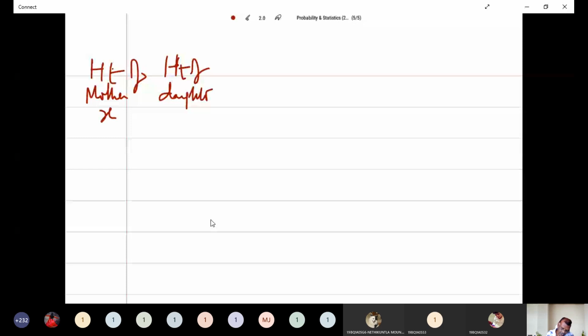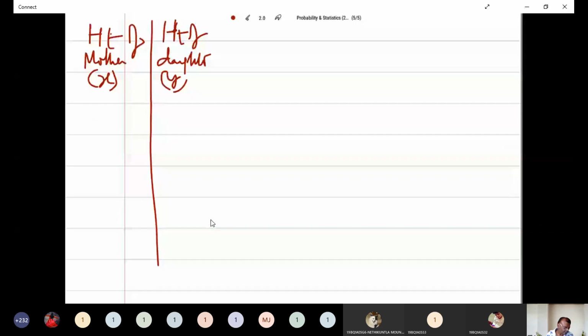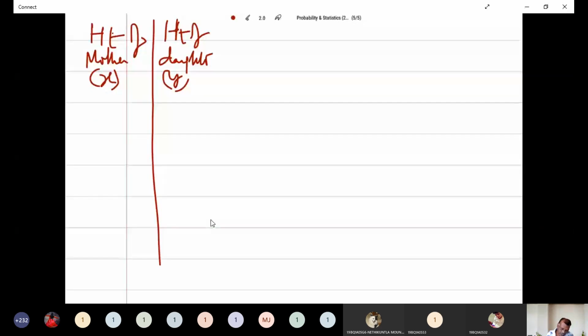We call this one small x, this one small y. Note down the data vertically. Now 62, 63, 64, again 64, 65, 66, 68, 70.